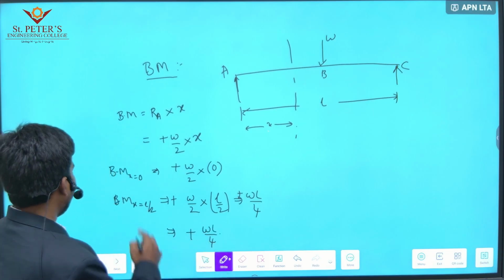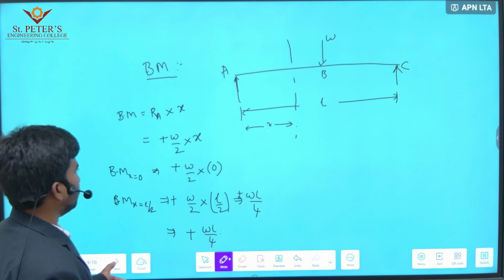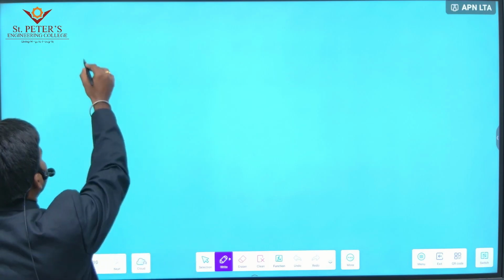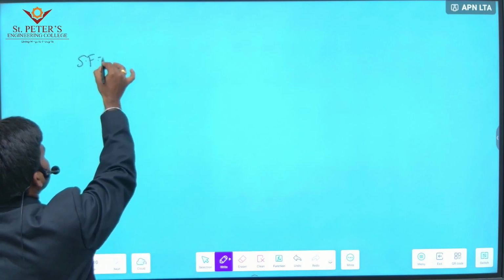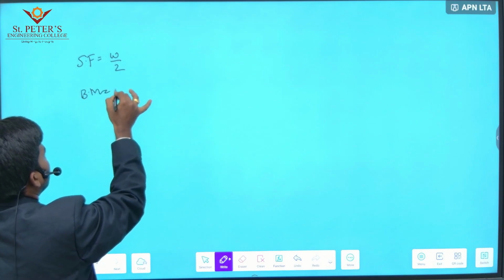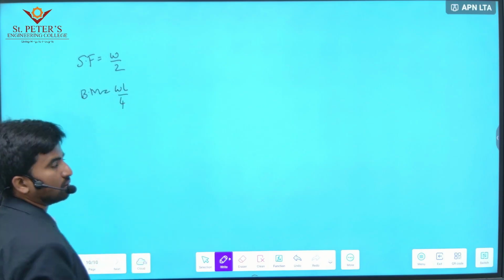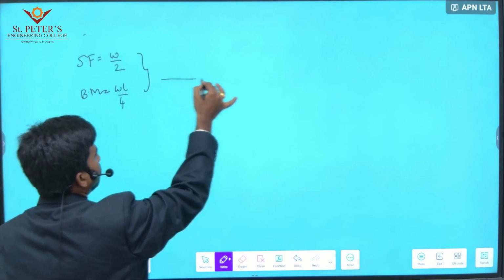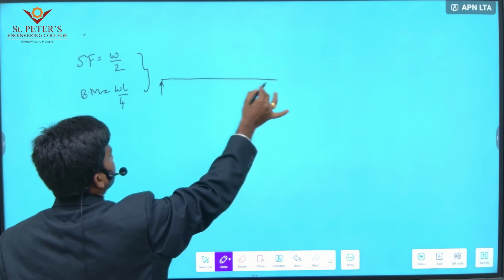So this is the bending moment value. This is the analysis part. Here we got the shear force W by 2 and bending moment WL over 4 for a simply supported beam subjected to concentrated load.